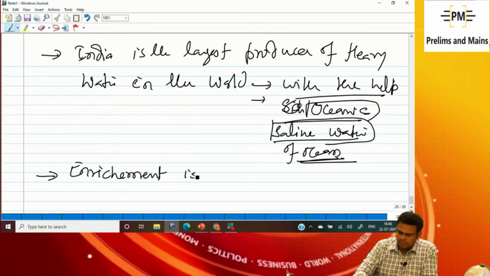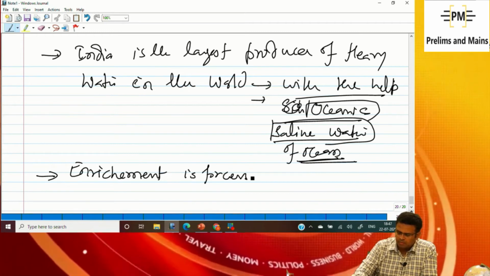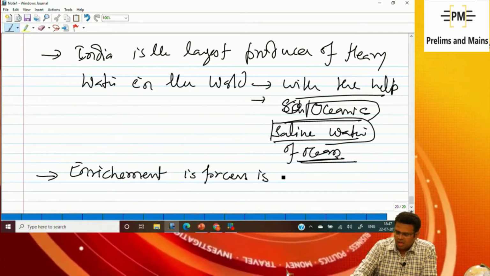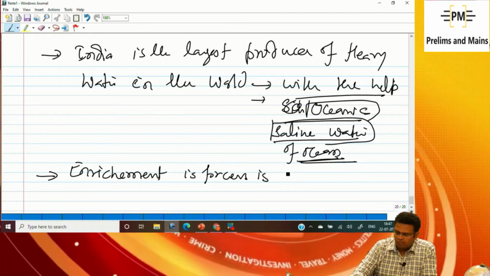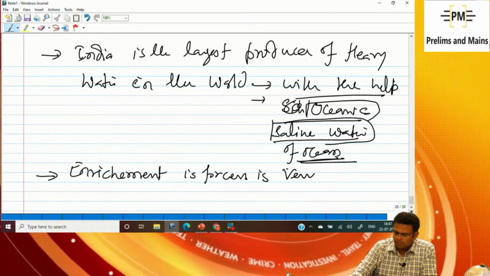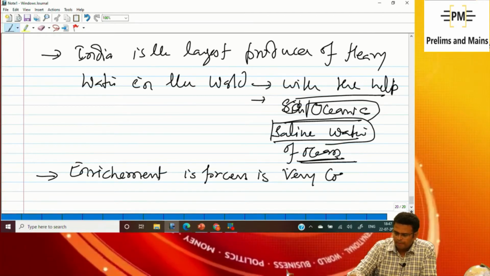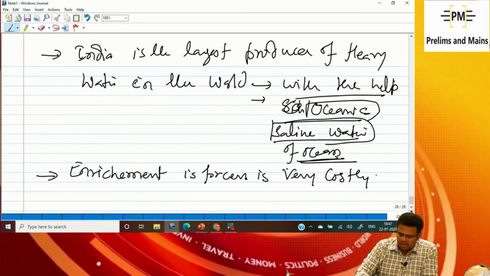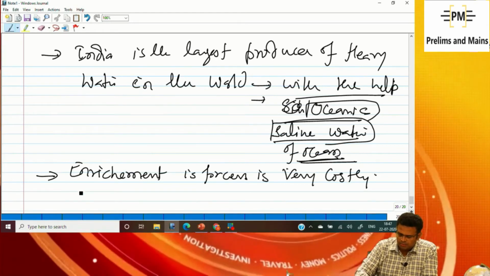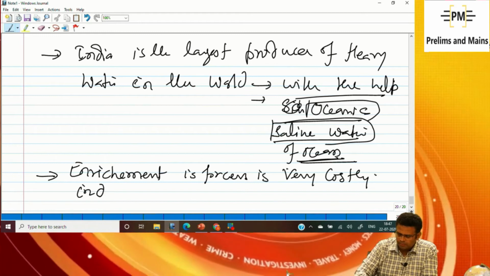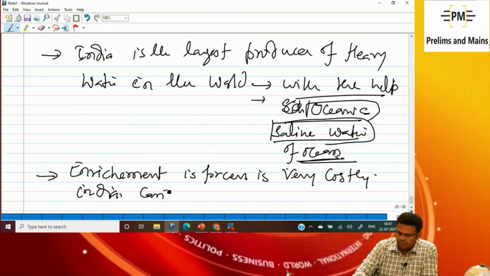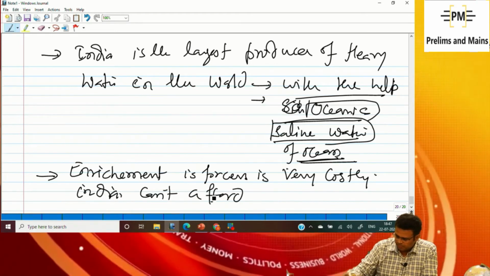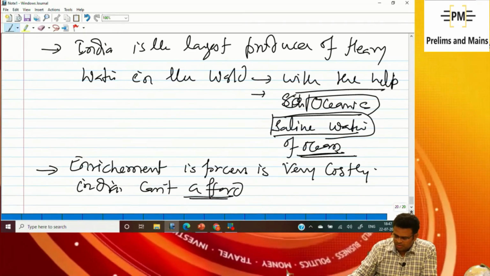The enrichment process is very costly, and India cannot afford it.